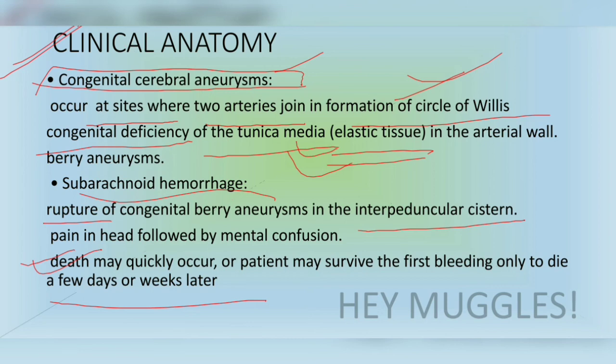So your middle cerebral artery or its branches are most prone to thrombosis, right? And we studied the congenital cerebral aneurysm and subarachnoid hemorrhage, right? So this was all about the circle of Willis, the polygonal structure of arteries which supply your brain, right?